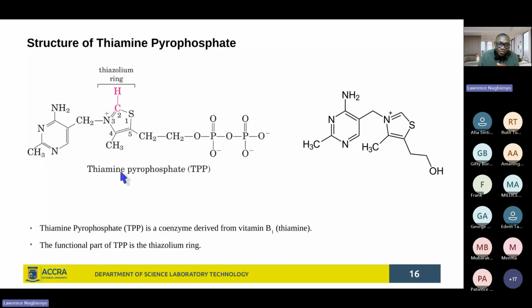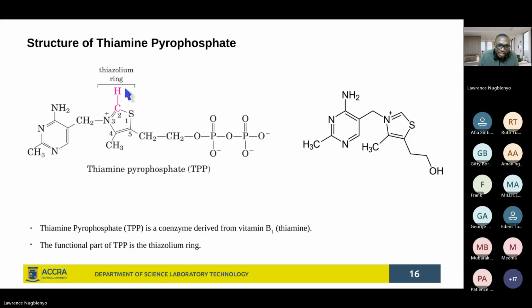And what's the meaning of pyrophosphate? You can say diphosphate. So pyro also means two, di. So two phosphate groups are attached onto thiamine for you to have the active form of the vitamin thiamine.